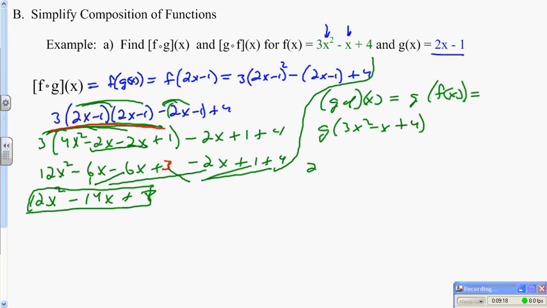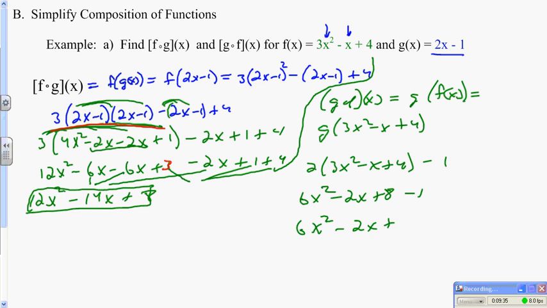So I will get 2 times 3x squared minus x plus 4 minus 1. If I distribute, I get 6x squared minus 2x plus 8 minus 1, which is 6x squared minus 2x plus 7. I did that real fast, but I'm running out of time. So that represents our composite function the other direction. And this ends 7.7 part B.